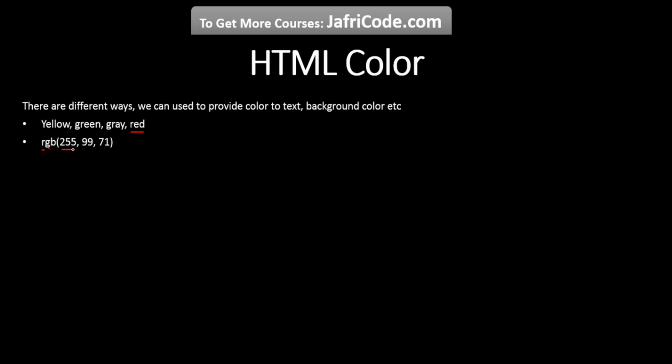You can place a value from 0 to 255 for each. Here we are taking 255 from red, 99 from green, and 71 from blue. A combination of these values gives a different and unique color.